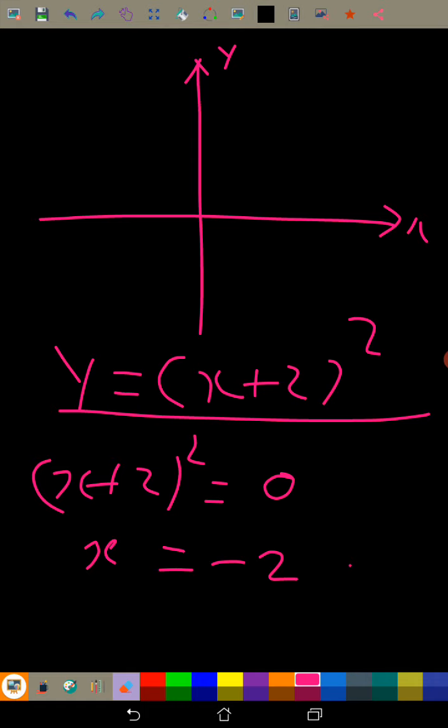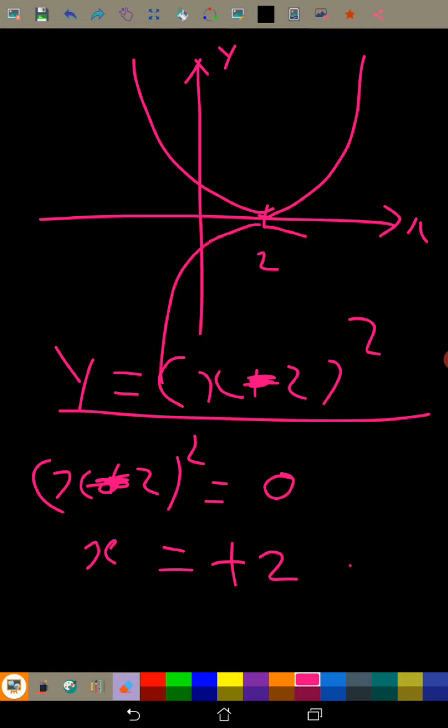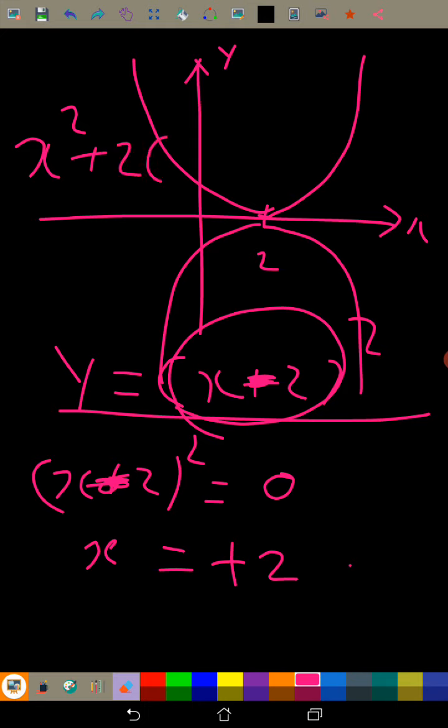Okay, there is just a problem. That was minus here, so it's going to be plus 2, just to have the same thing on both sides. So I have 2 here, and that's where the curve touches. And we know that it's in this shape and not in that shape because, remember when we were doing quadratics, if we expand this, we're going to have x squared minus 2 times 2x, and we have plus 4.